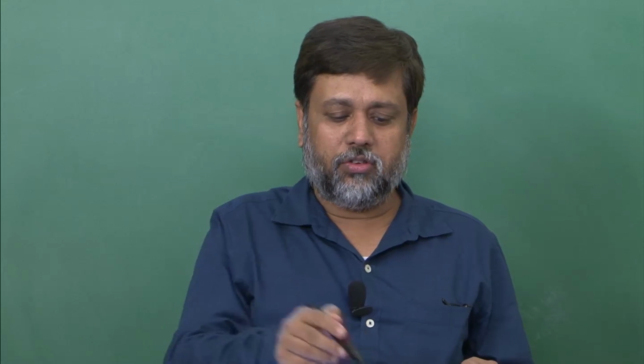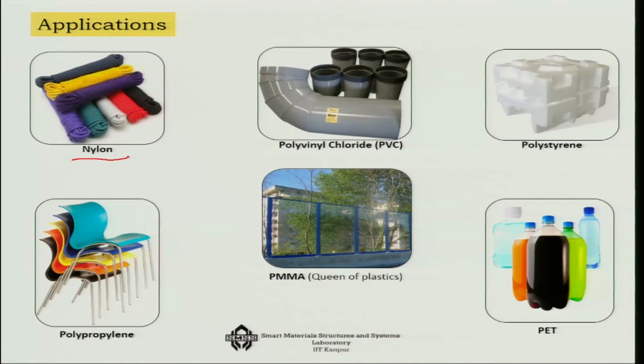Now let us look at the thermoset polymers. Before we do that, what are the typical applications? Suppose nylon, you know about the nylon wares, and you also know that the nylon wares creep, and the creeping happens because of the thermoplastic nature. Then PVCs, polystyrene, which is used where there are more complex shapes.